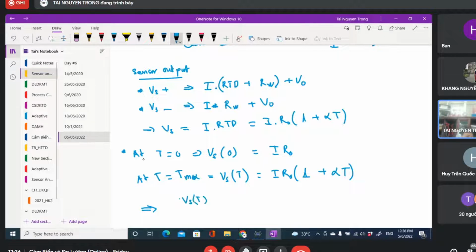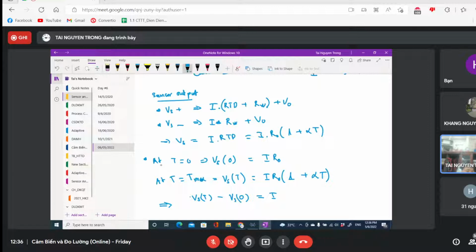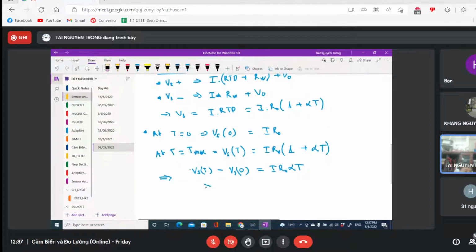So the new phase margin equals I0 alpha T. And in this case, we can take the value of T equal to VST minus VS0, divided by I0 alpha.